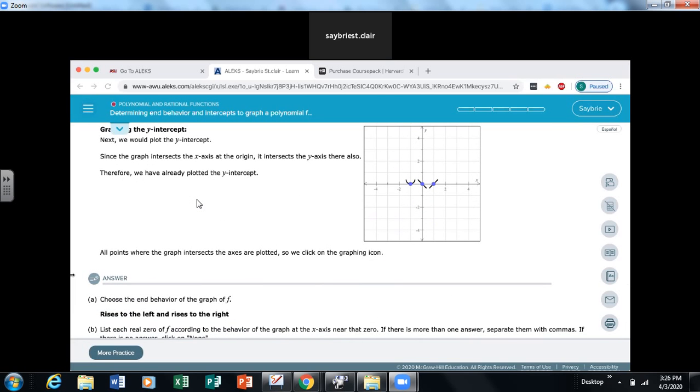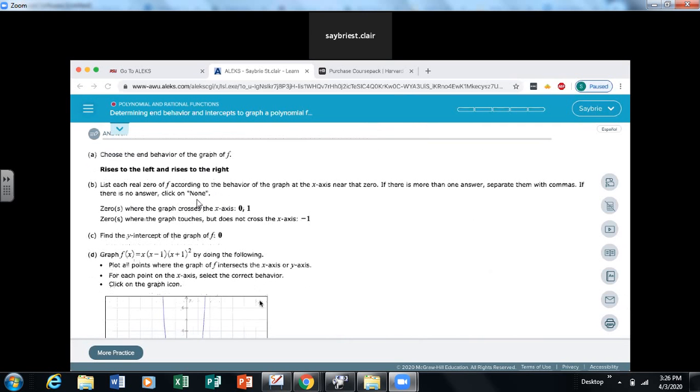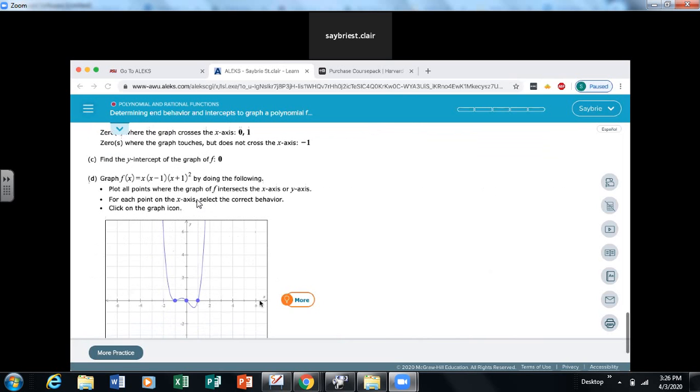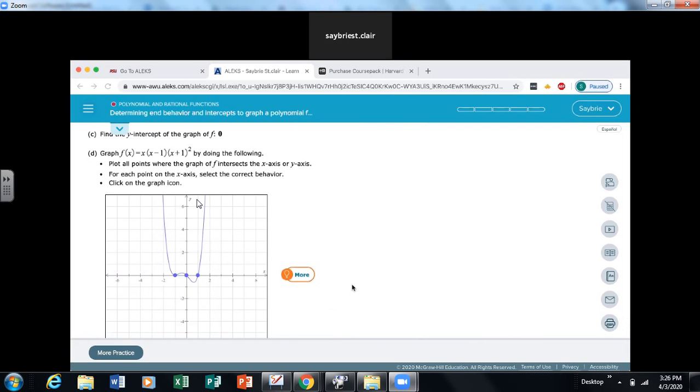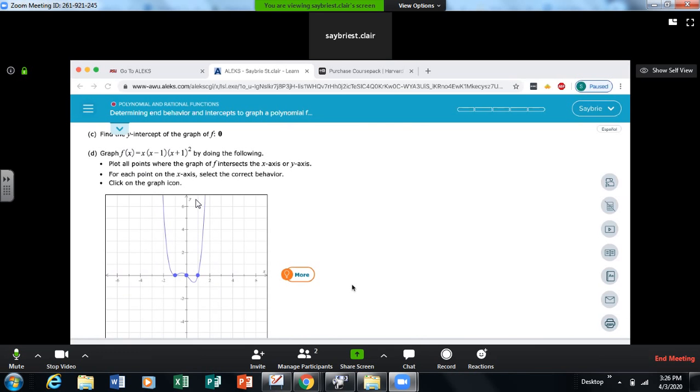Then click on the graphing icon. Go down all the way. Does it graph that for you? That's going to be interesting having to try to draw that graph. But I think we can do it, no problem. Got it.